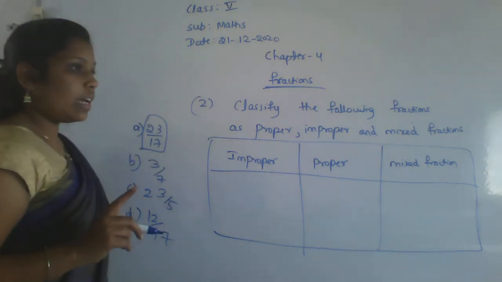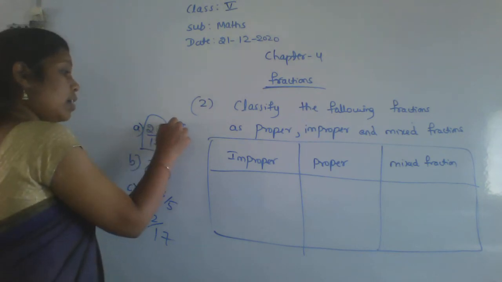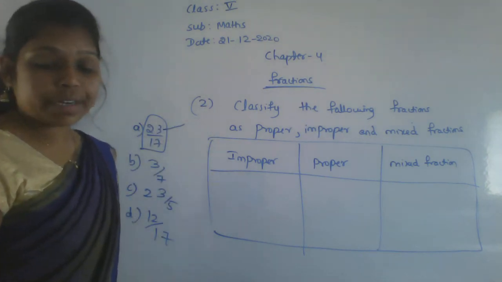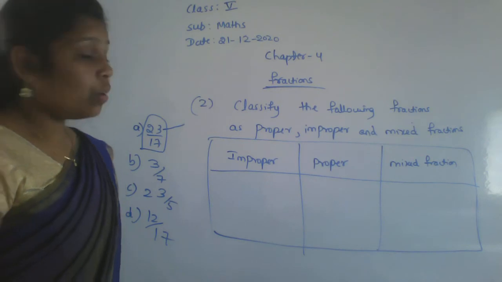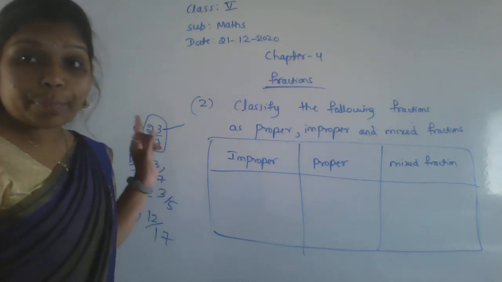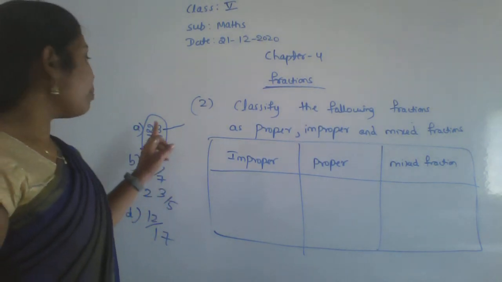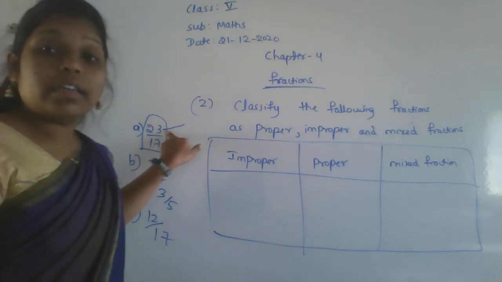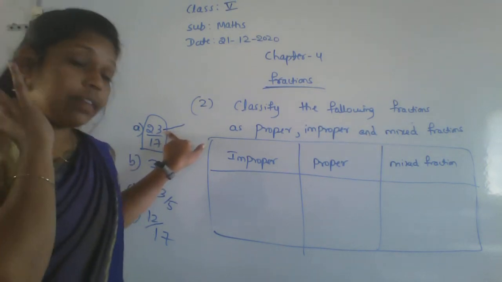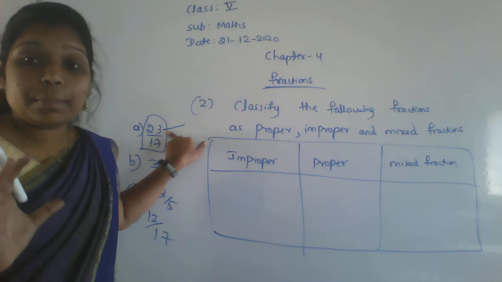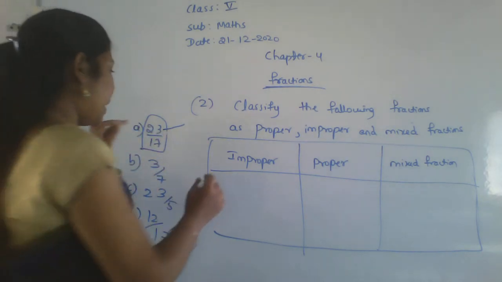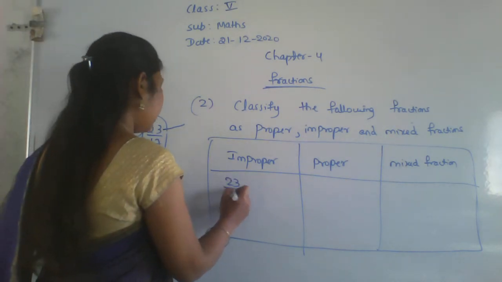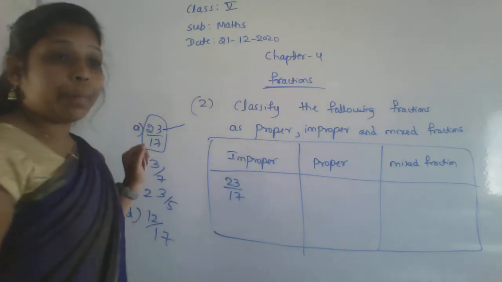Which is the greater value? The numerator is the greater value. If the numerator is greater, it is called an improper fraction. So 23 by 17 is an improper fraction.